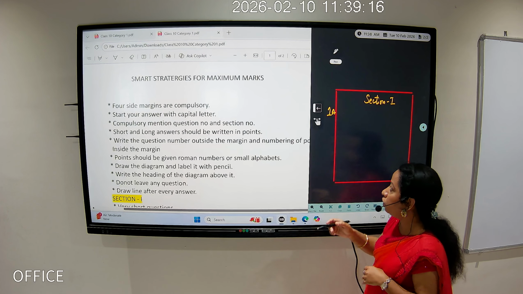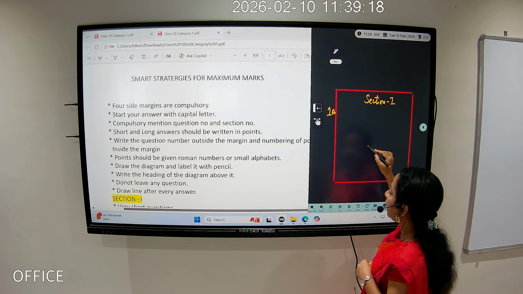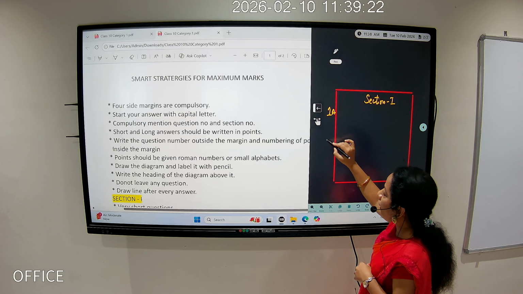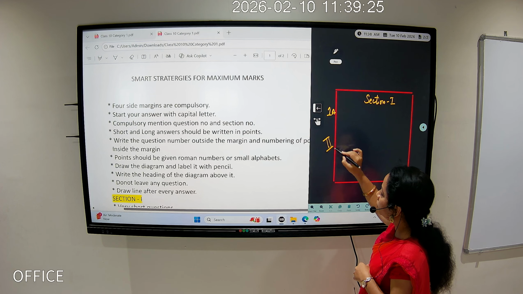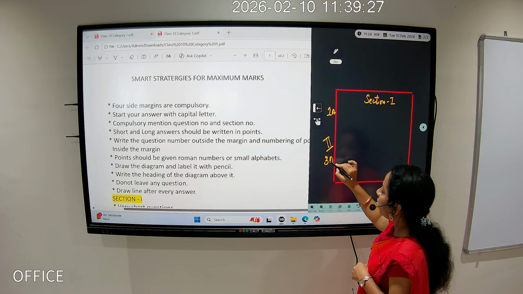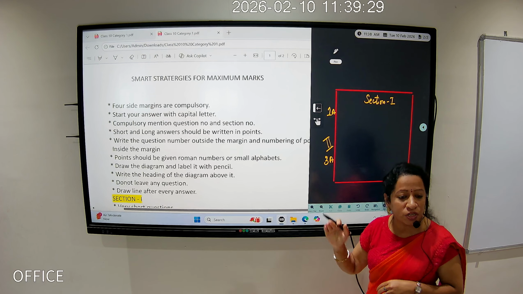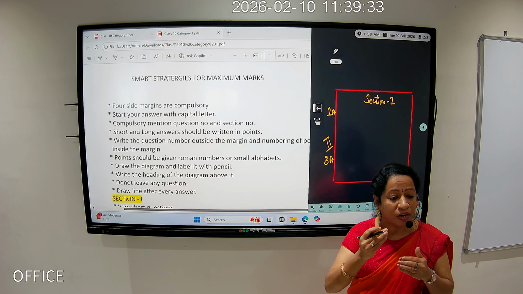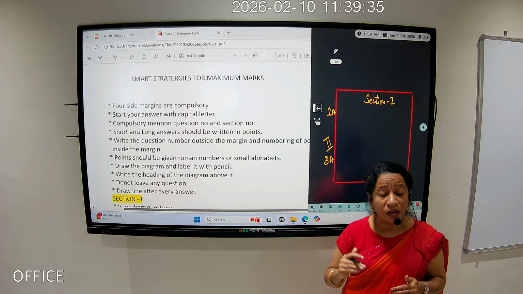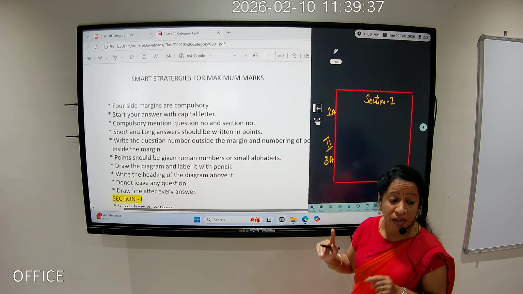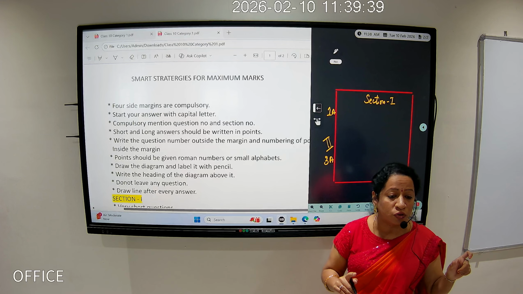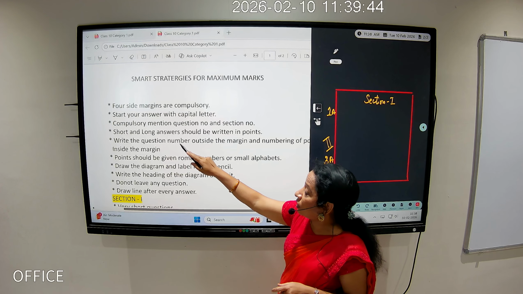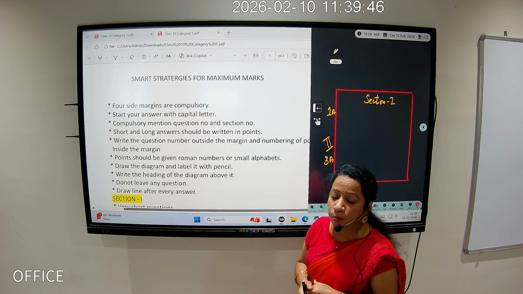At that time, what you can do, see, you can write like this everywhere, that's not a problem. Or you can mention like section 2, third answer. You can mention in this way also. But it is compulsory that whenever you are changing the section, you have to mention the section number and also the question number.